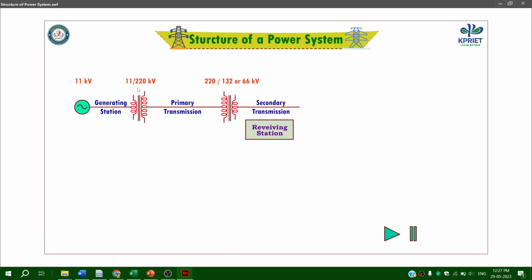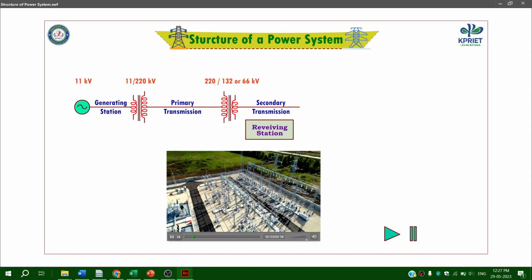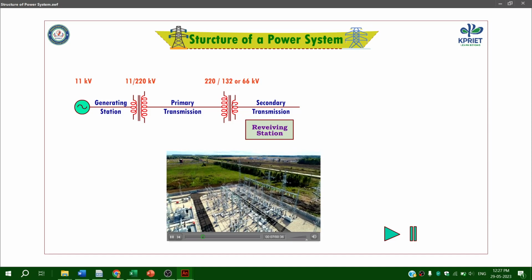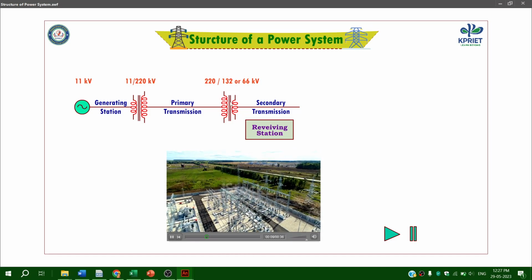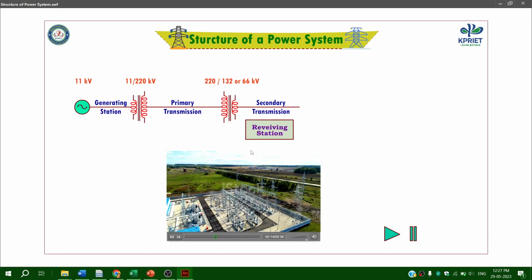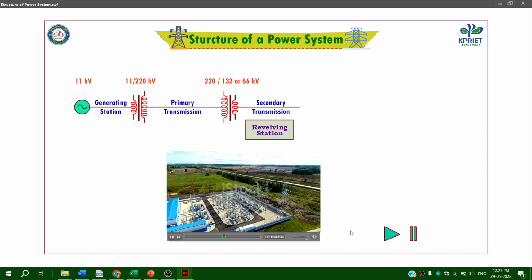Then that 220 kV is stepped down to 132 kV or 63 kV, 66 kV, that is called the secondary transmission. There the receiving station is connected to reduce the voltage level. For each and every voltage rating, the transformer plays a role.